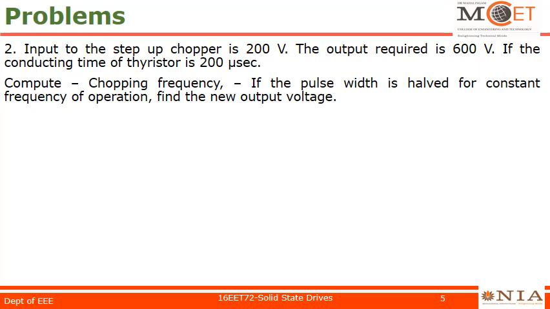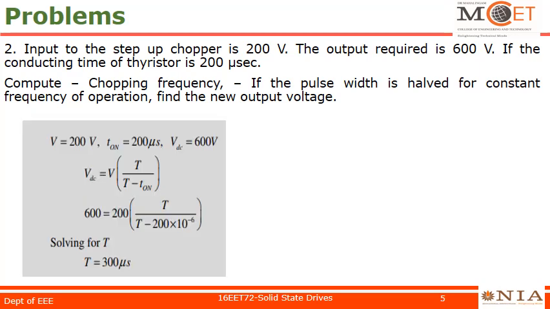For the first problem we need to find the chopping frequency. For the next problem we are going to reduce the T on to half and find the new output voltage. First, the formula: V output equal to supply voltage into total time T divided by T minus T on.